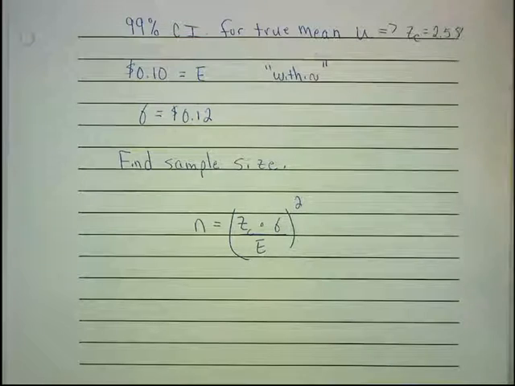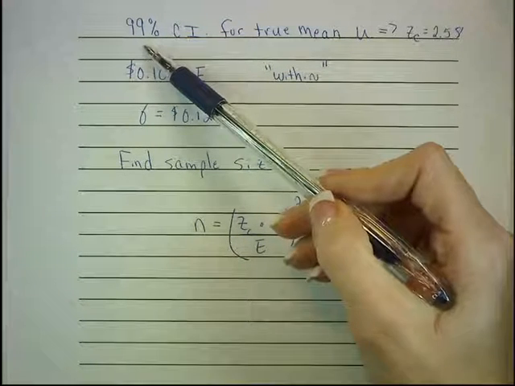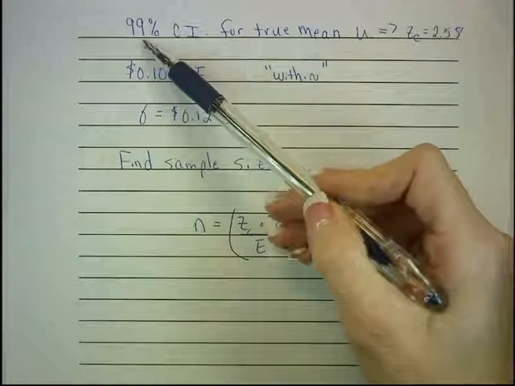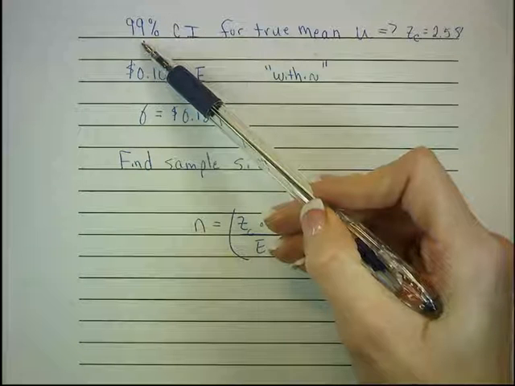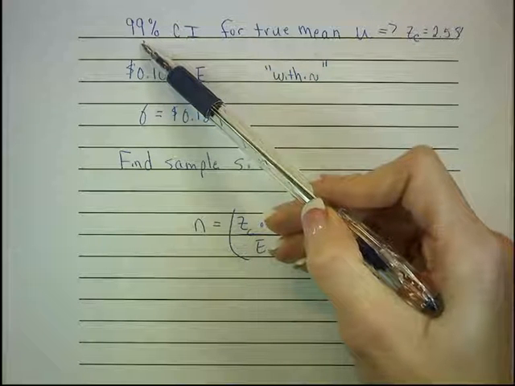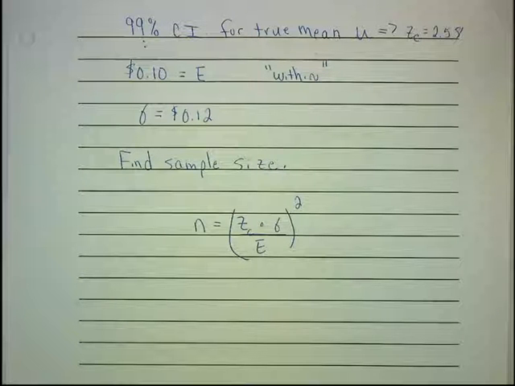If you forget this, then you're going to have to go through the process of drawing the standard normal distribution, take half of the 99%, subtract from 0.5 and look the area up in the 2-page Z table, or use invert the norm, and you will see that it's 2.58.